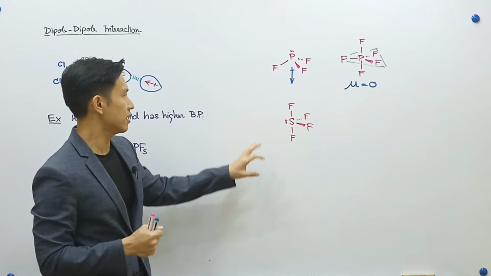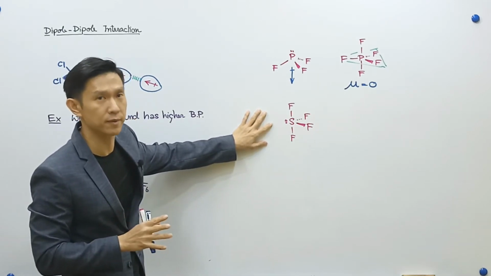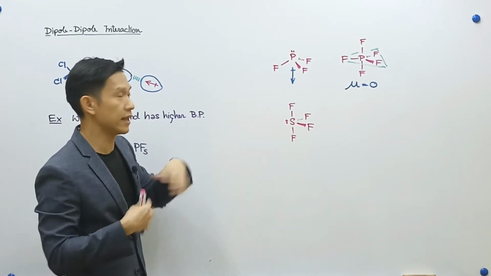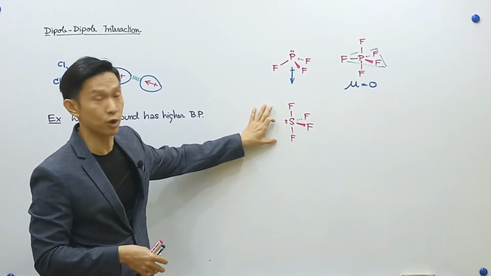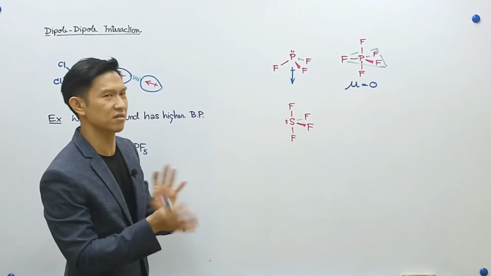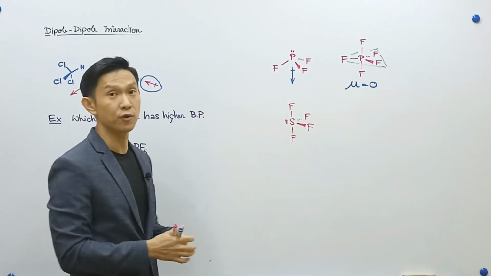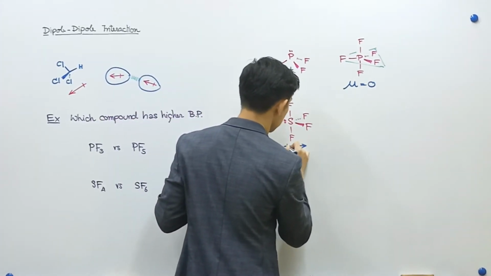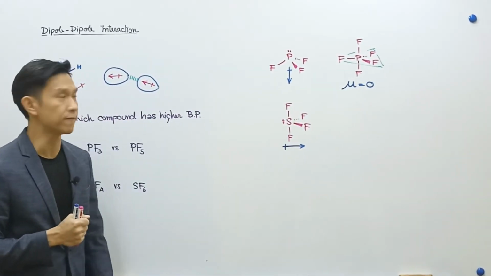So as you can see, the structure is composed of 5 electron clouds in trigonal bipyramidal shape, but because of the lone pair over here, the name is shifted from trigonal bipyramidal shape to seesaw, right? So as you can see from this, the axial vectors are somehow cancelled, but for fluorine, with higher electronegativity, the polarity is pointing to the right towards the fluorine side. So this is the polarity of SF4, right?